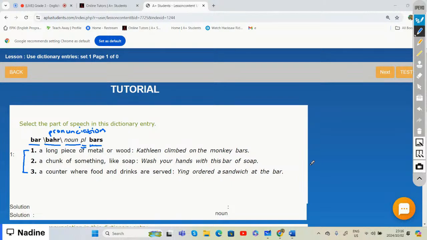It's like climbing the jungle gym and you have those metal parts that you need to hold on to. That is one meaning of the word bar. The second one is a bar of soap, totally different from the bar that you hold on to. And the third one is where you go and buy drinks and food, that kind of bar.